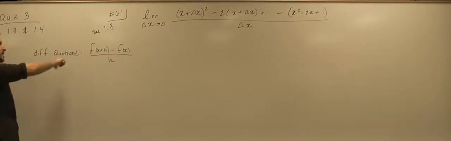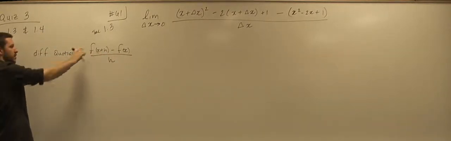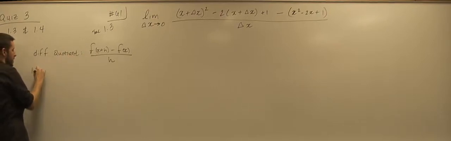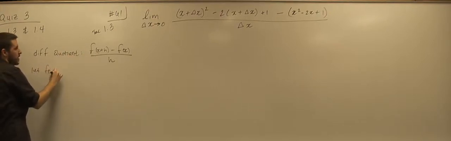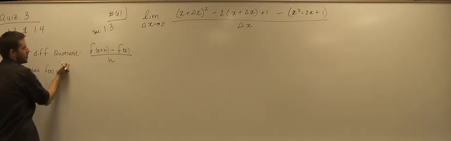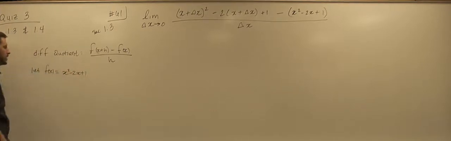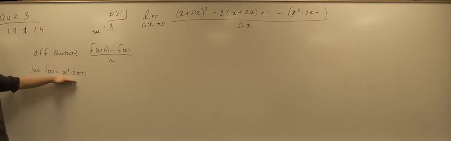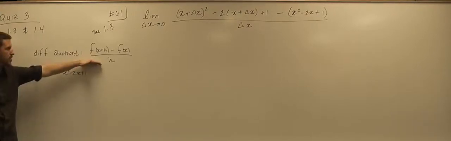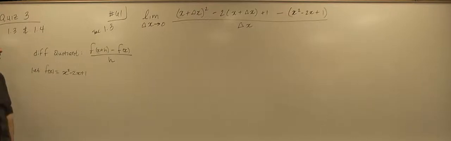So if you evaluated it for the function f of x equal x squared minus 2x plus 1, could you calculate this quotient? Do you know how to do that?